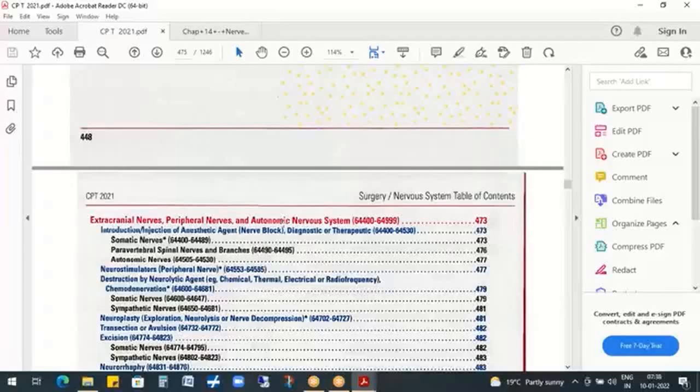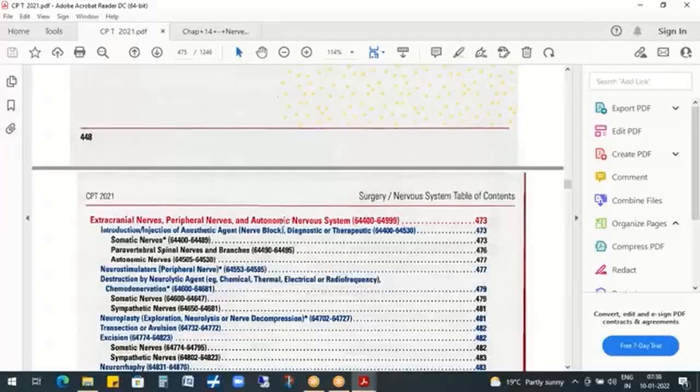Next one. Neuroplasty. That means surgical repair of nerve.